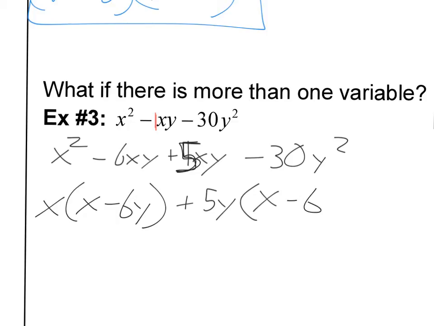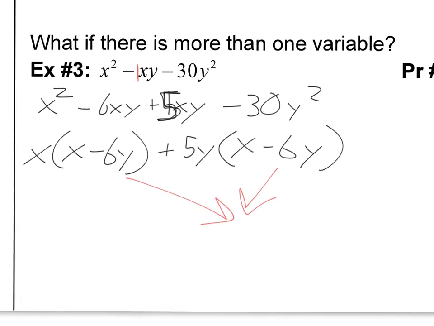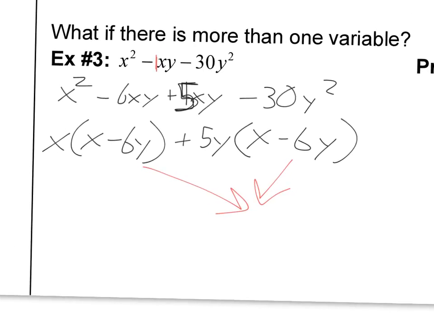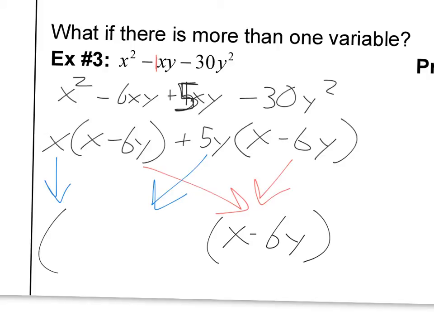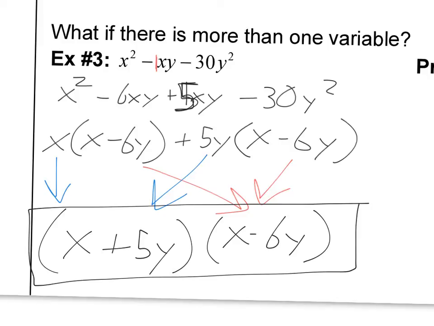And y squared divided by y is y. Again, we've done this before, but since these two match, we could do reverse distribution property, and we could say, hey, x minus 6y goes over here, and these two make its own binomial of x plus 5y. And now we've factored this thing with two terms.